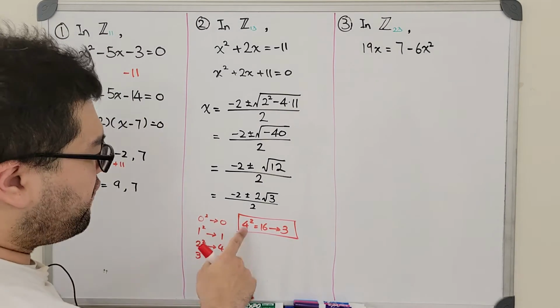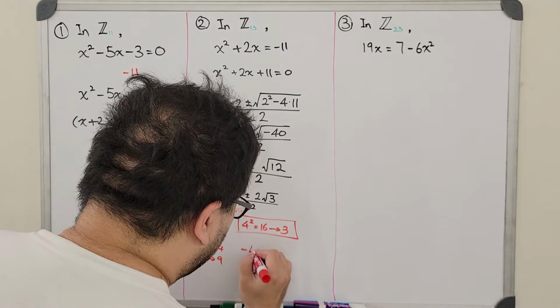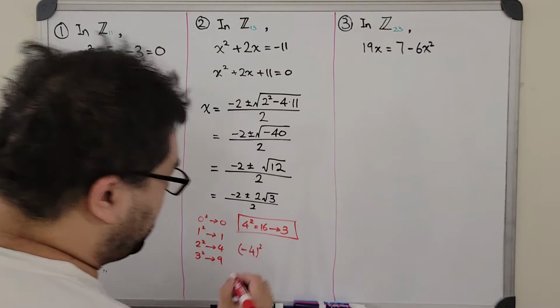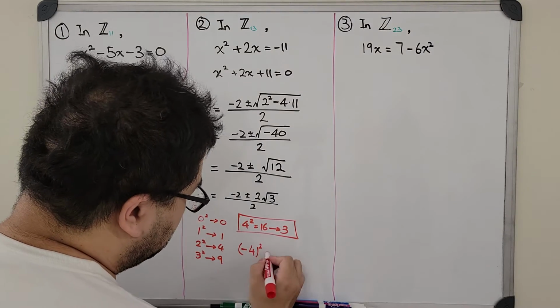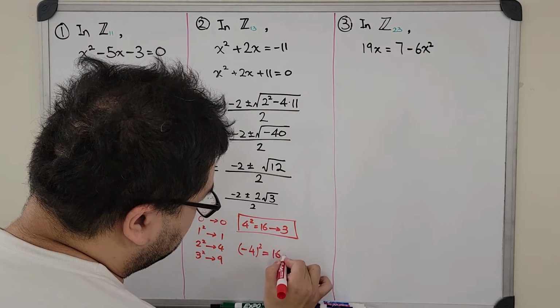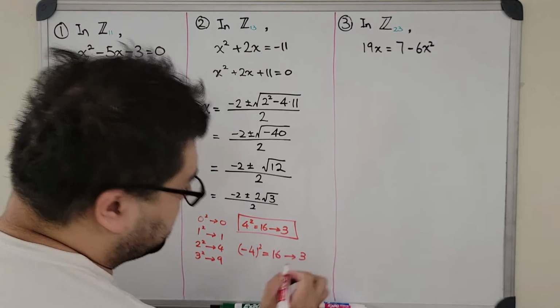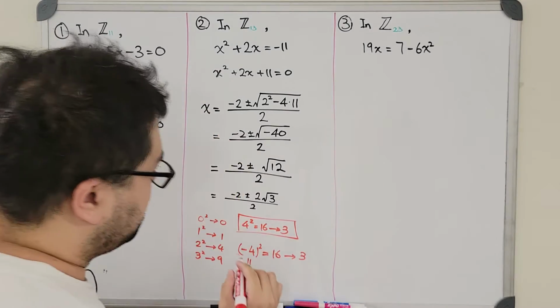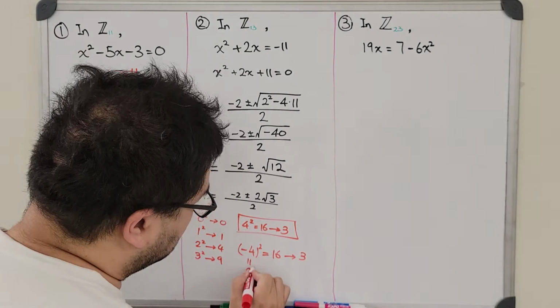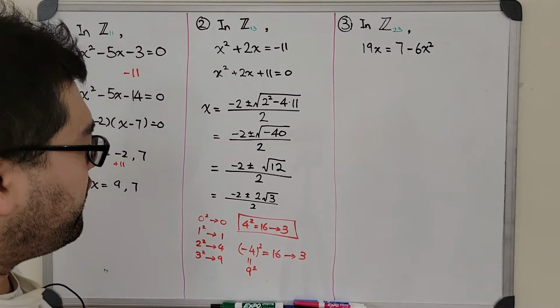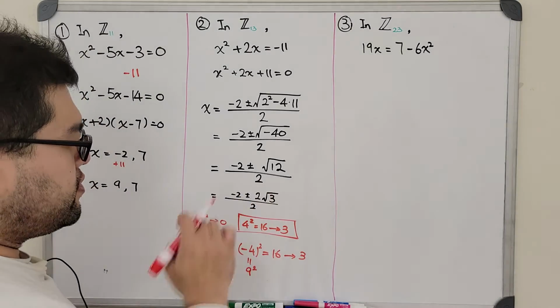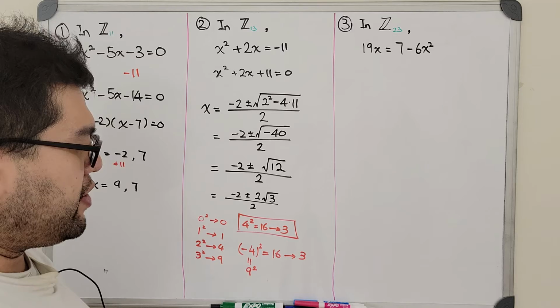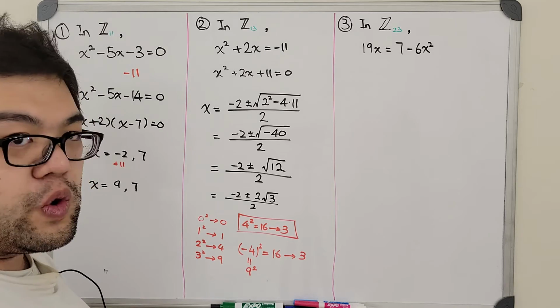And of course, if 4 works, then -4 squared, which will also be equal to 16, is going to be reduced to 3. And what's -4 again? -4 in mod 13 is equal to 9. So, in fact, the square roots of 3 can be rewritten as 4 or 9.